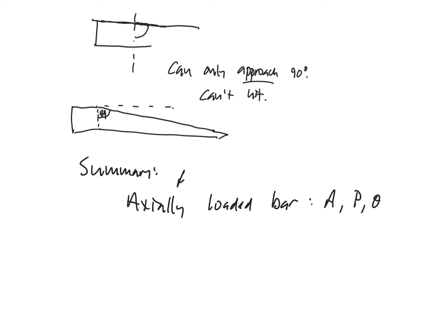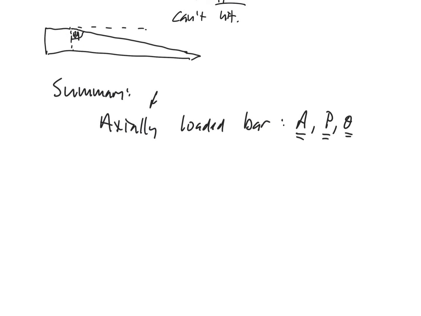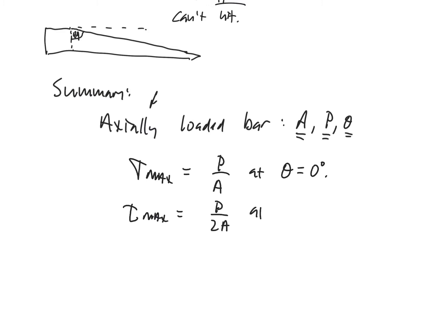When I say axial, that means it goes along the direction of the bar. So if it's a 2x4, it's going in the long direction, a piece of rebar, a pencil, and so on. It's only loaded along its axis. Then the things that I want you to remember are that sigma max is equal to P over A at theta equal to 0 degrees, and that tau max is half that value, P over 2A, at theta equal to 45 degrees.